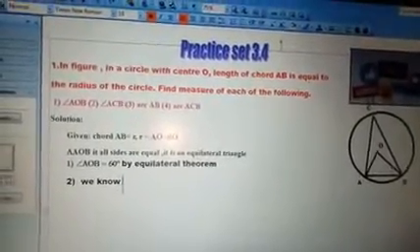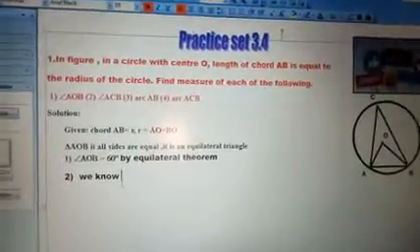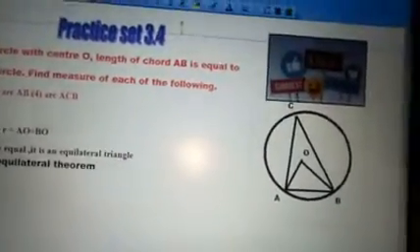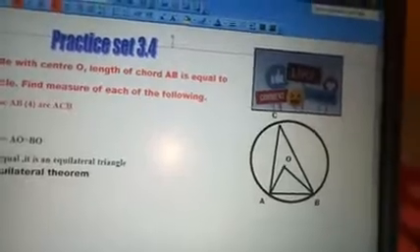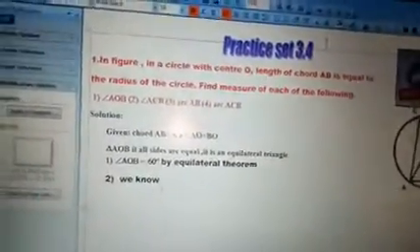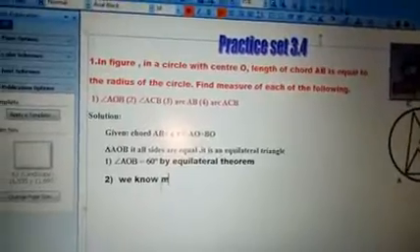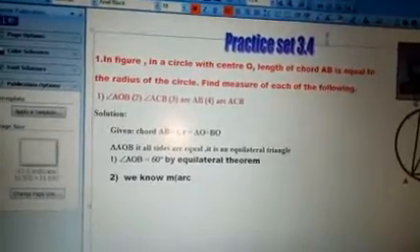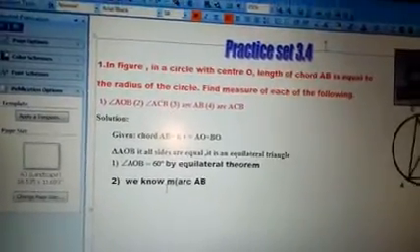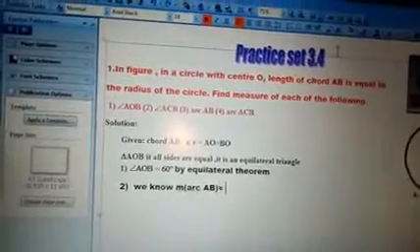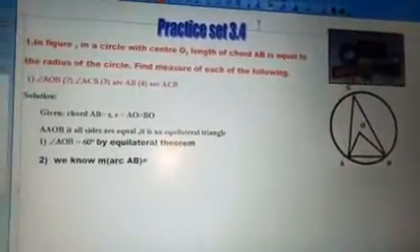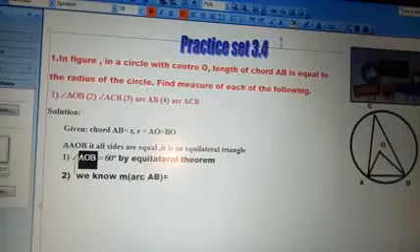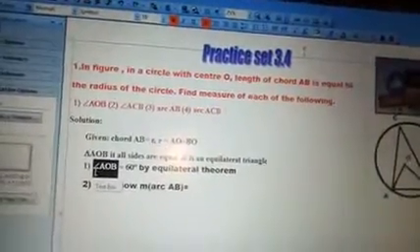So next we have to find angle ACB. Angle ACB is the inscribed angle of arc AB. First of all, we know that the measure of arc AB is equal to the central angle. Which angle? Central angle AOB.